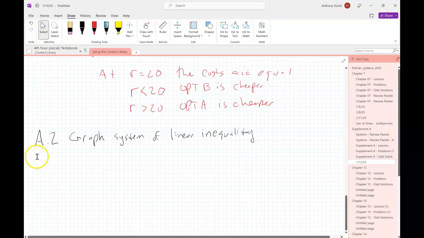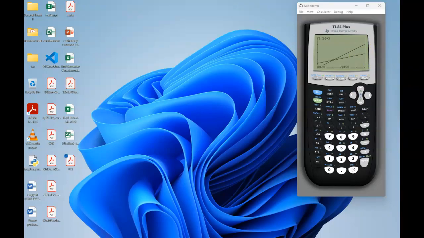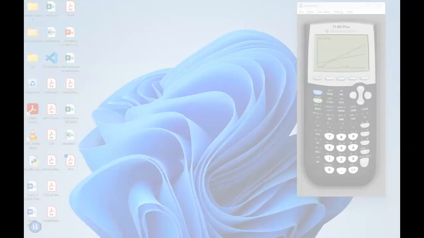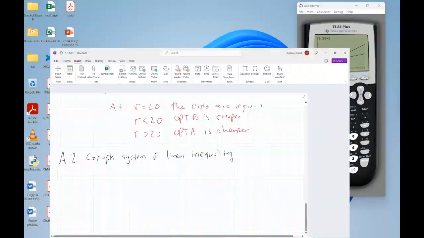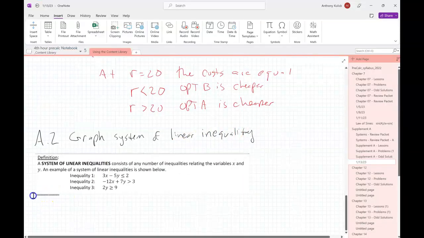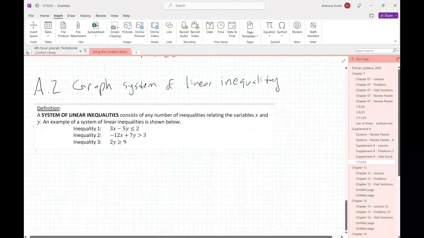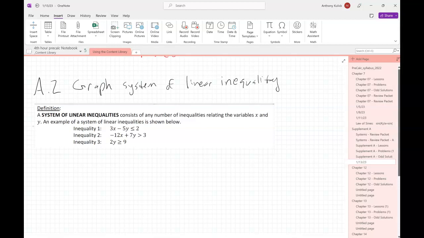So when we talk about a system of linear inequalities, it's basically the same thing as a system of linear equations, except you're not really limited to two inequalities. You can have as many as you want and still be a linear system in two variables. You can have lots of equations, or lots of inequalities, I should say.